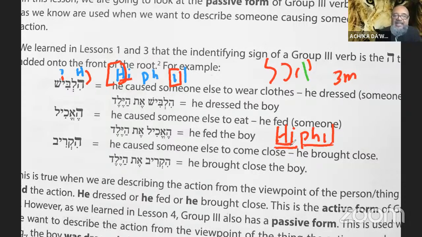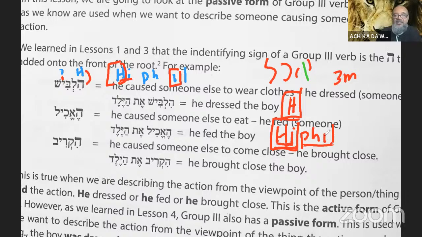Hi, like hit. Basically the HI of hifil is just the sound of hi. They're saying that HI is just this sound right here. The PHIL is the last part of it, il.